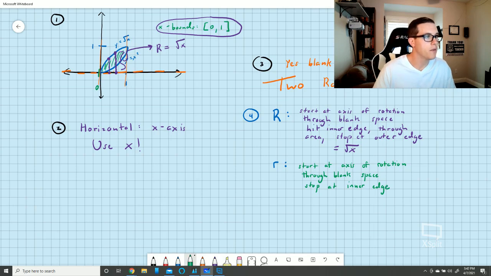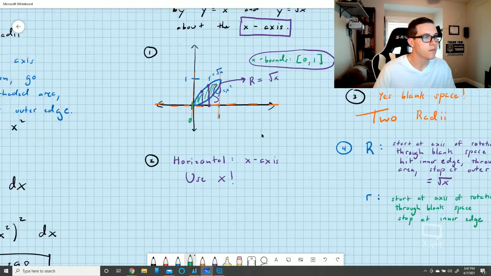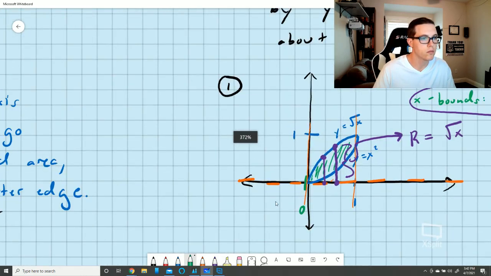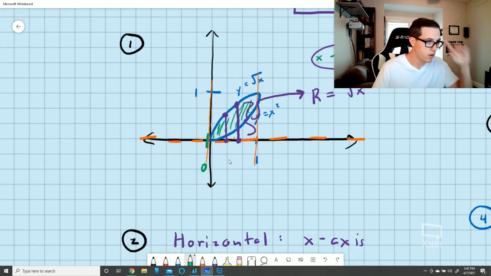So what's happening here? We are ready. Let's do it. All right. So in this case, start here, through blank space, stop at inner edge. Bam. So little r is this little distance, and that is equal to the other function, x squared.